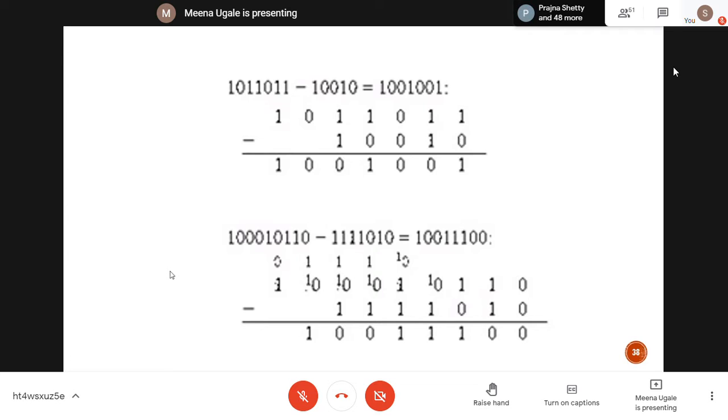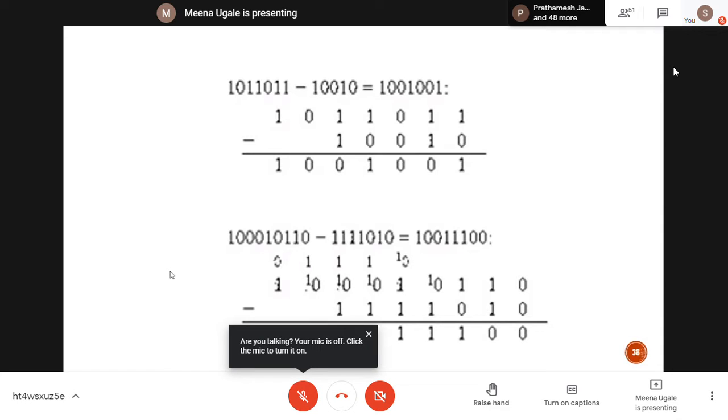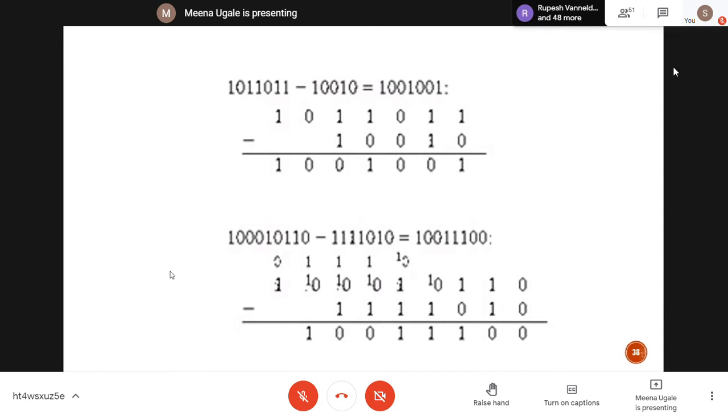Note down the second example and you try. Once completed, please type in the chat box so that I will come to know.